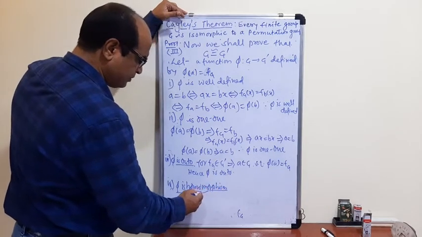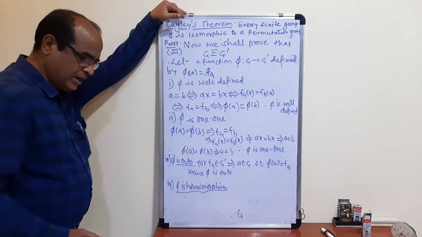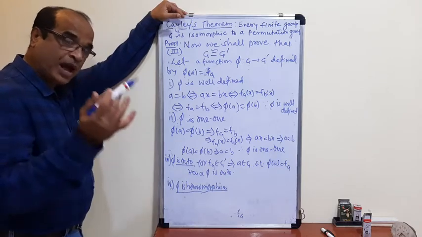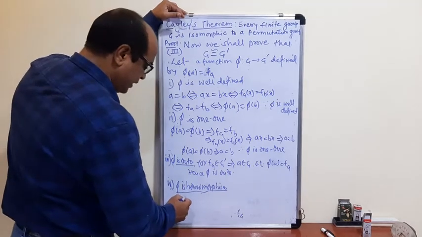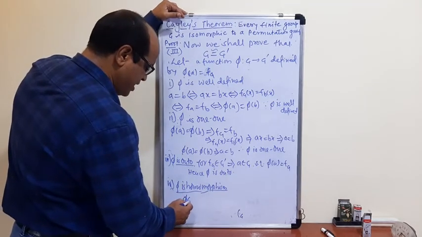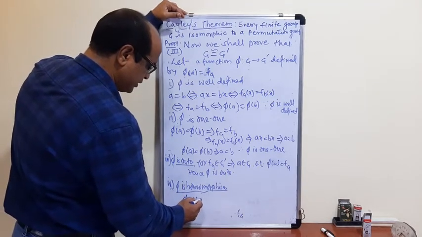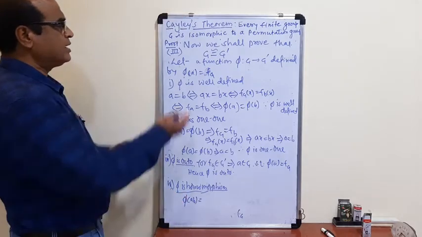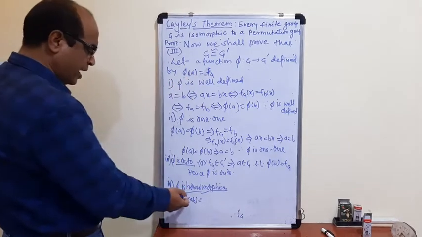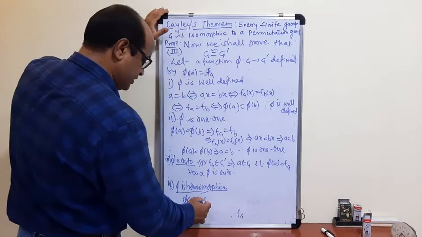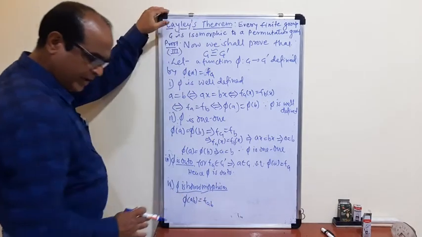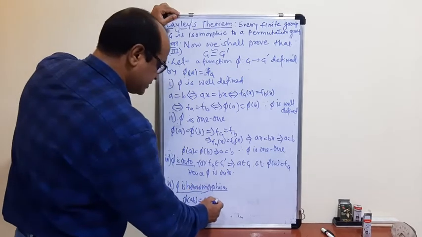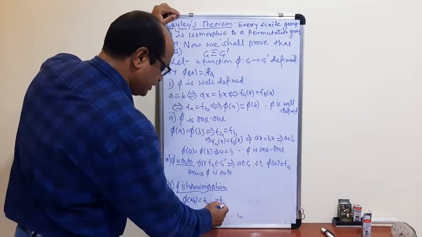For homomorphism, we need phi of AB is equal to phi A into phi B. So let us consider phi of AB. Phi of A is equal to f of A, so phi of AB is equal to f of AB. This can be written as fA into fB.